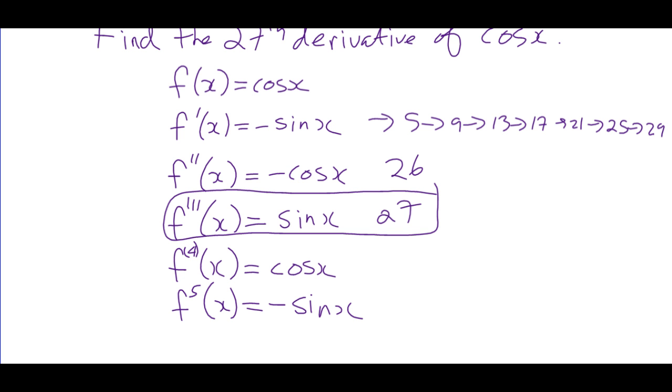So I've got a repeating pattern of 4, right? There's a cycle of 4. We go from minus sine x to minus cos to plus sine to plus cos to minus sine, okay? So the first derivative is negative sine x, and so is the fifth, so it's every 4.